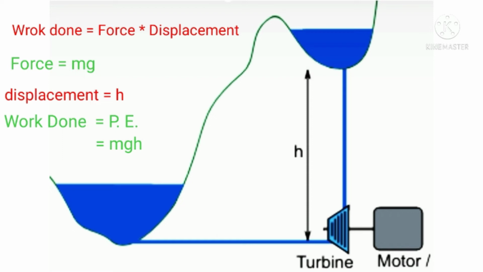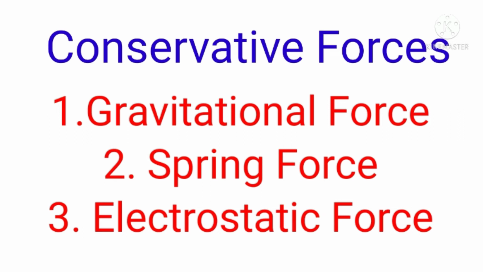As I mentioned, there are three such types of forces that we have to study in our syllabus. The first one that we have just taken is gravitational force. The second one is the spring force, and the third one is the electrostatic force. We will not go into much depth because it will require a lot of calculations and expressions.